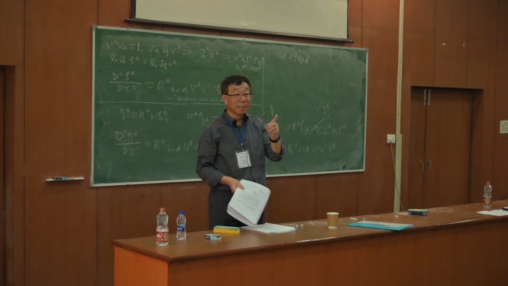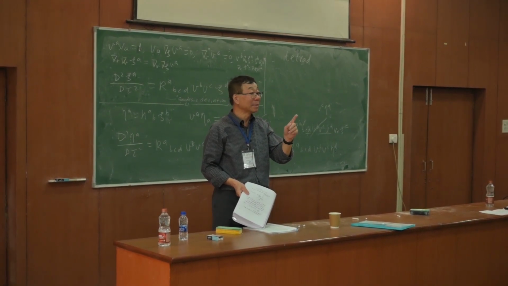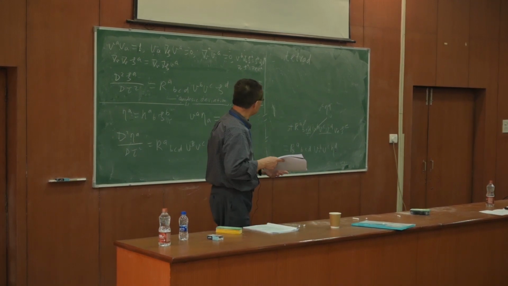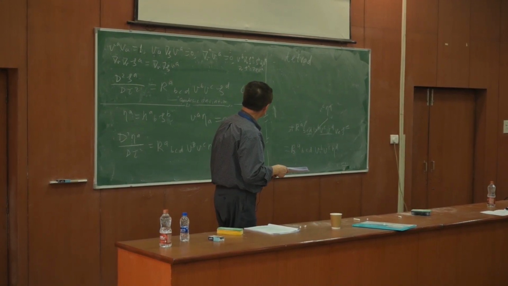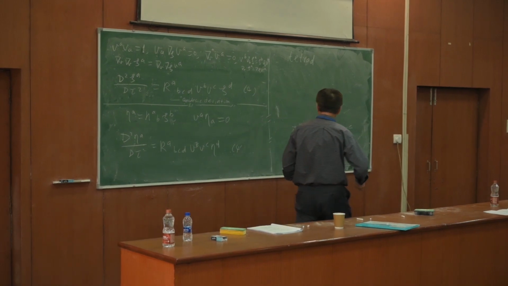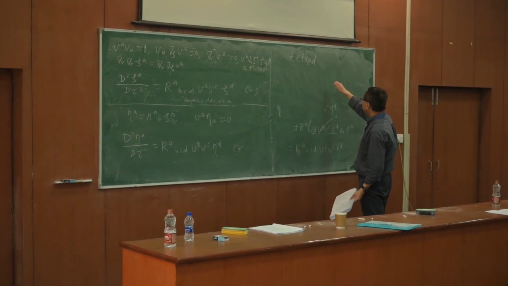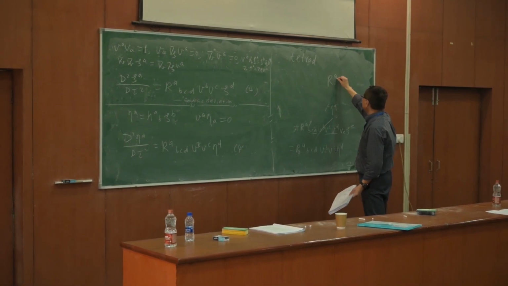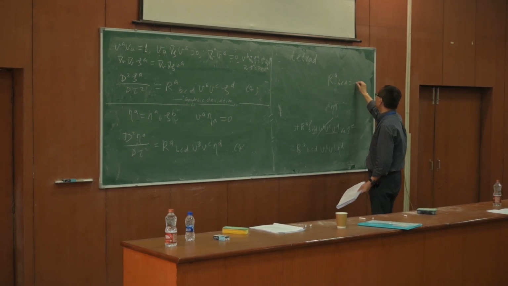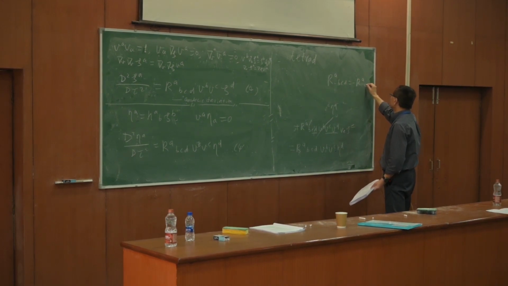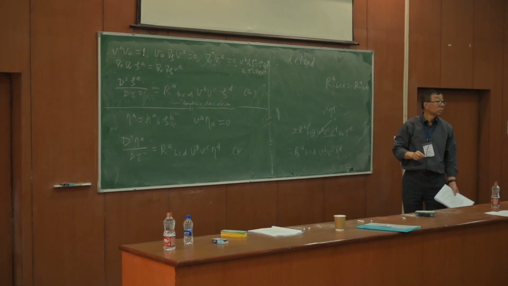Not only my English, even my handwriting is asking me. Can you please repeat why that term goes to zero? Oh, okay. Because remember R_{abcd} equals minus R_{abdc}, right? Yeah.